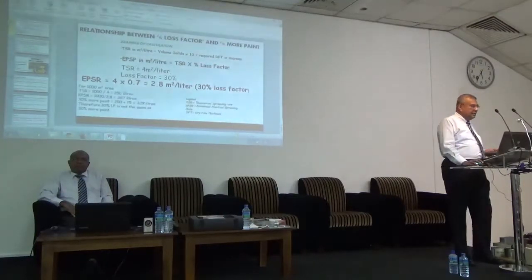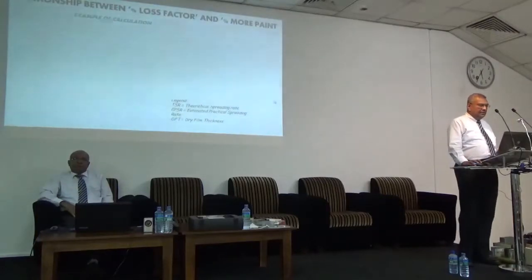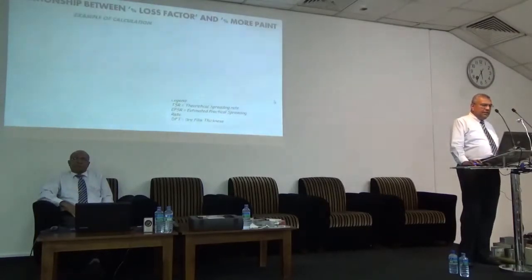Now this is the relationship between the loss factor and the percentage of more paint required. So there's an example of calculation. We call it the TSR, theoretical spreading rate, which you saw on the data sheet, equals volume solids.